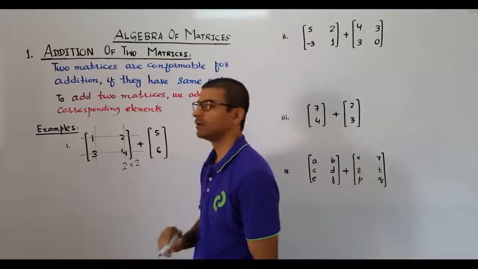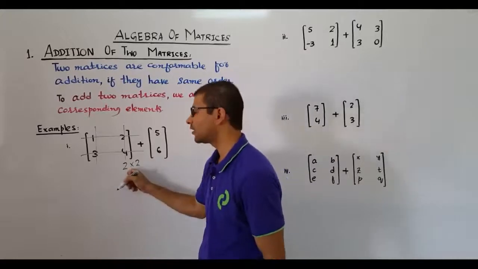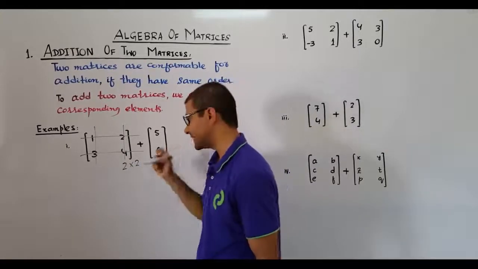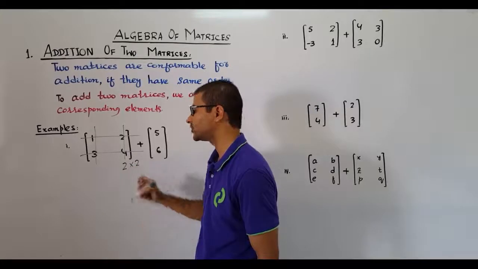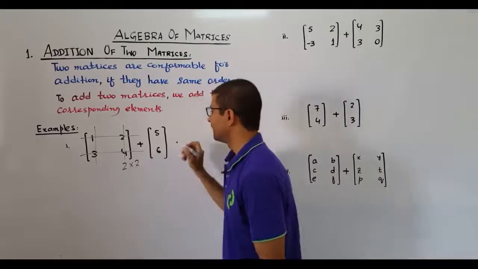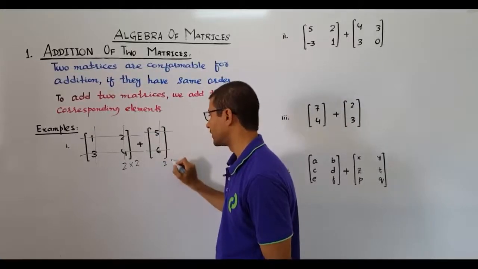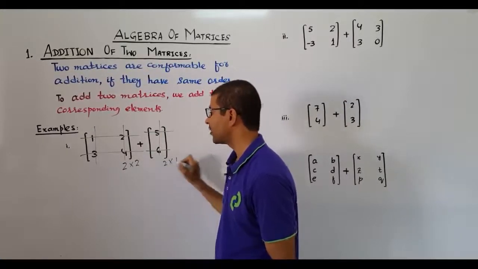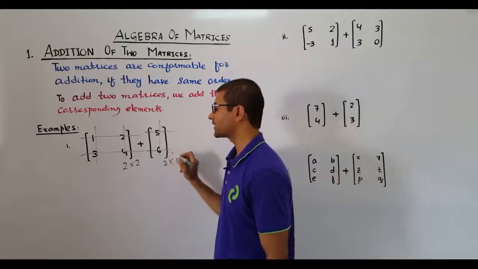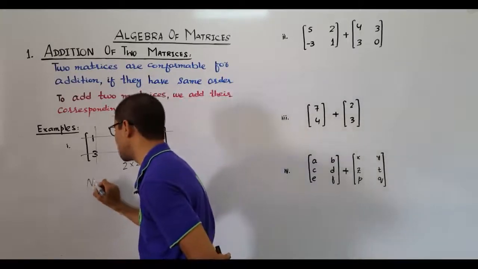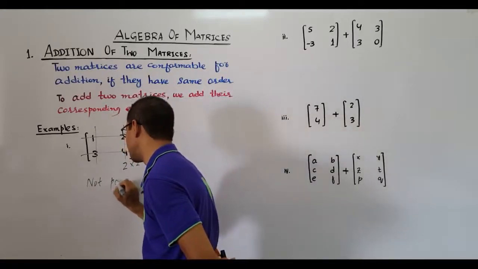We show by, this is sign of multiplication, but in case of order we read 2 by 2. Order of second matrix is there are 2 rows and only 1 column. As their order is different, so we cannot add, we just write addition is not possible.